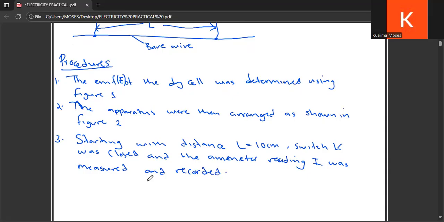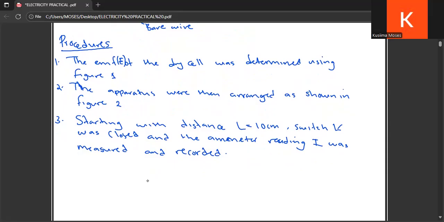Now from there, what follows is procedure 3.